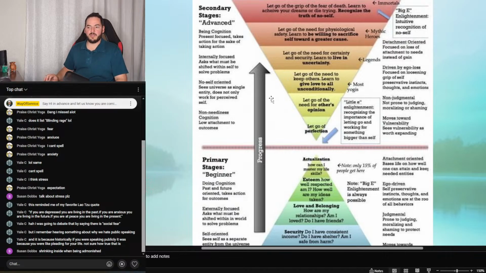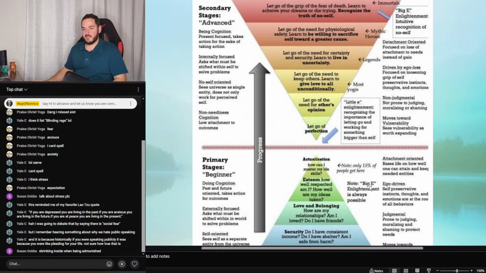So instead of being concerned about if other people like you or if they are your friend and you can count on them, or basically what can you get from them, we think about what can we give to others, and we let them go. It's like the old saying, if you let a bird go and then it comes back, then it was yours all along. But if it doesn't come back, then it was never yours. So that's the next level.